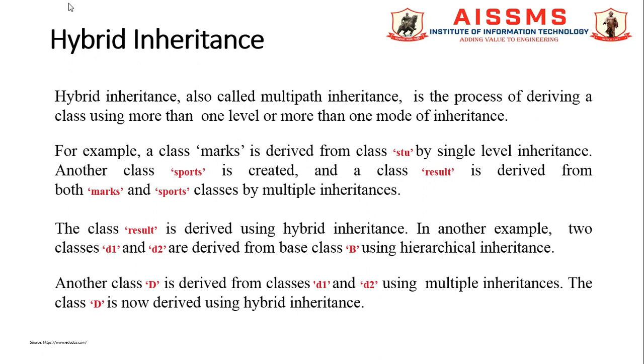In hybrid inheritance, a class inherits from multiple base classes which themselves inherit from a single base class. This form of inheritance is called hybrid inheritance.